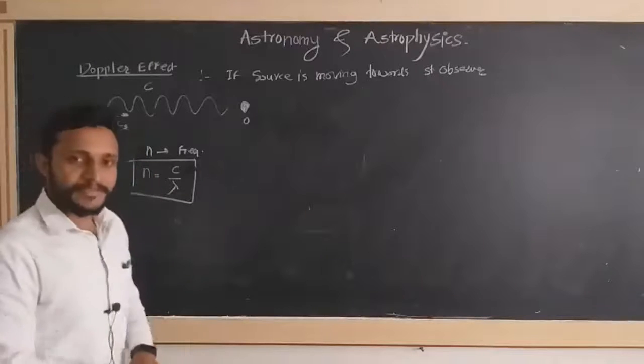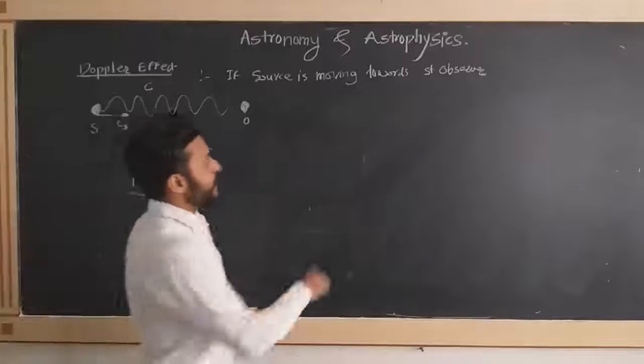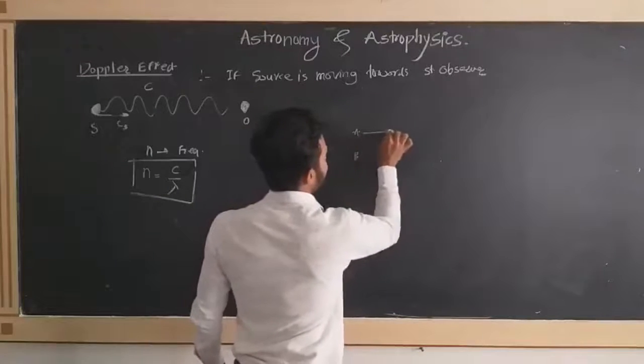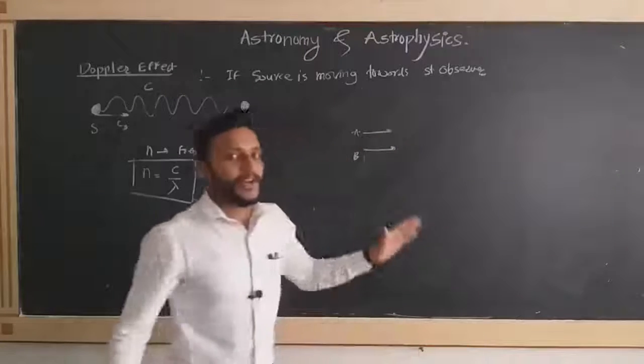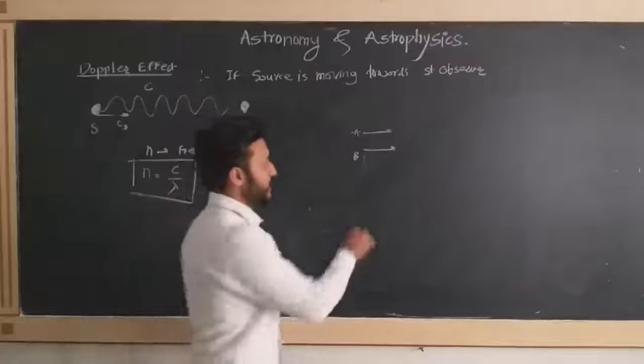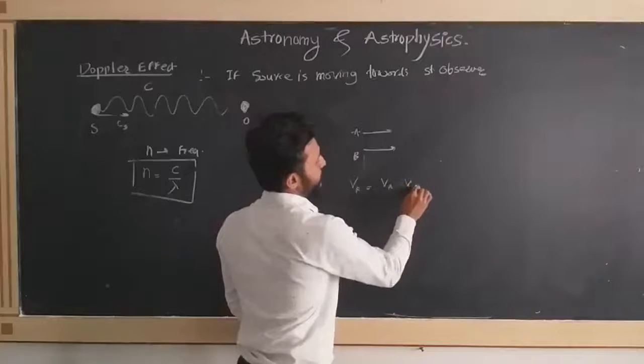which is denoted by cs. Due to the relative velocity, because we know that if car A and car B both are moving along the same direction, then the relative velocity Vr is nothing but Va minus Vb.